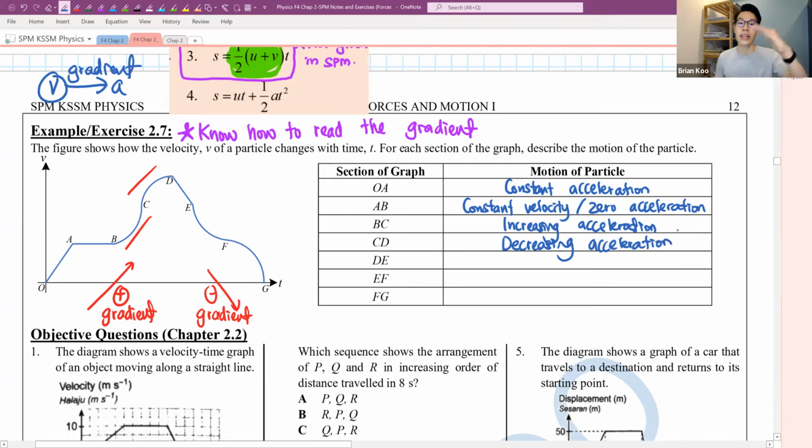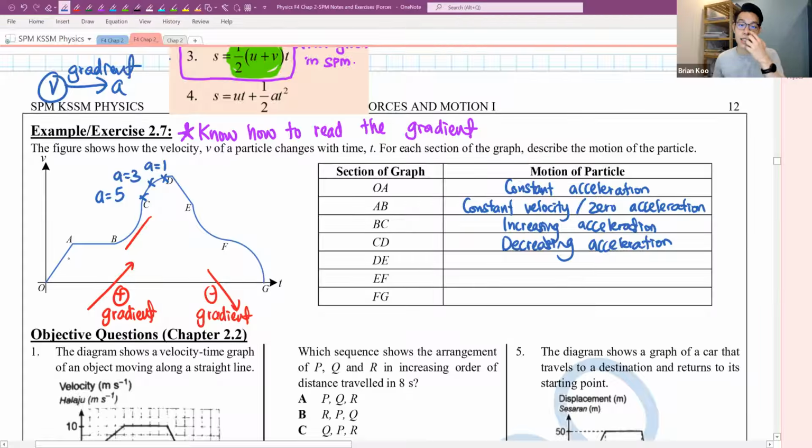Okay, it is accelerating, it is getting faster, but the rate of it getting faster is decreasing. Okay, what does that mean? That means that maybe at first the acceleration is 5. And then after that, the acceleration is 3. And then after that, the acceleration is 1.